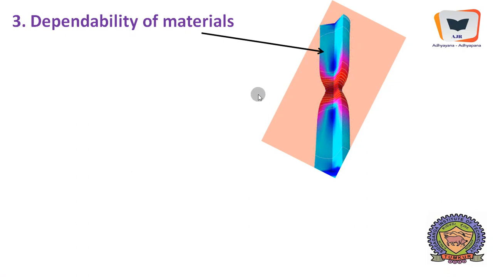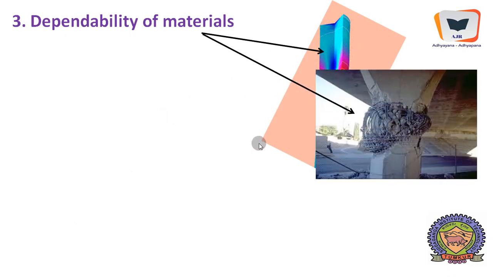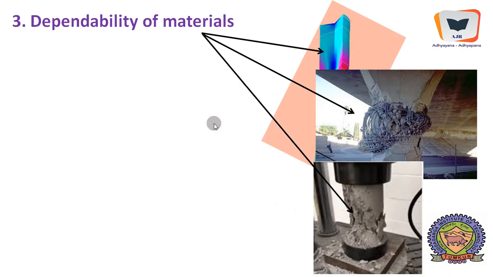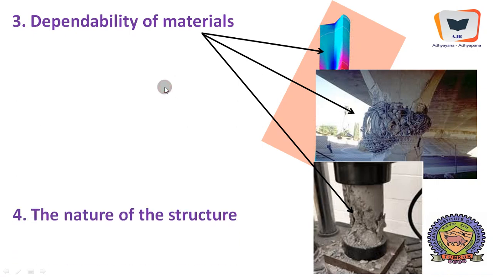Therefore, it can have a relatively lower value of factor of safety when compared to brittle materials like concrete, which will never give a warning before its failure. Therefore, components made out of brittle materials will be designed with a higher factor of safety when compared to components involving ductile materials.